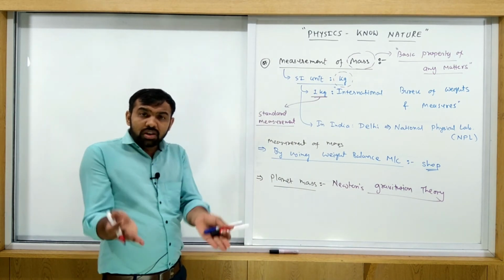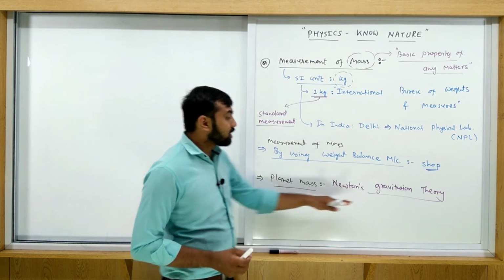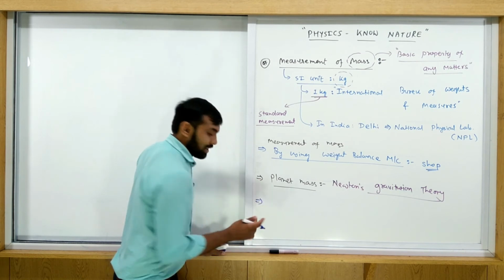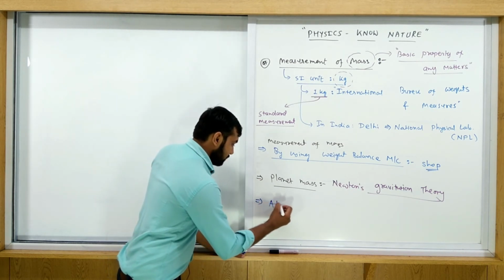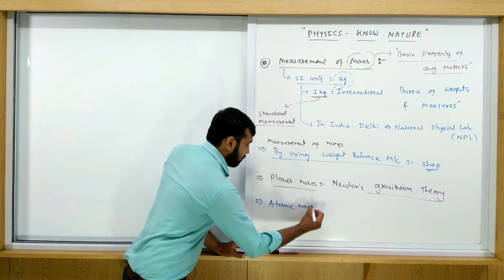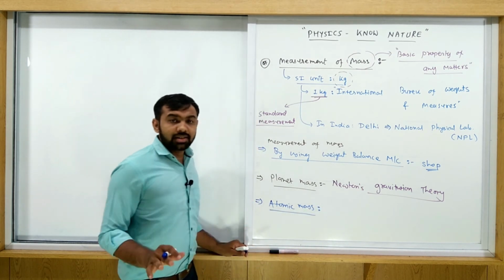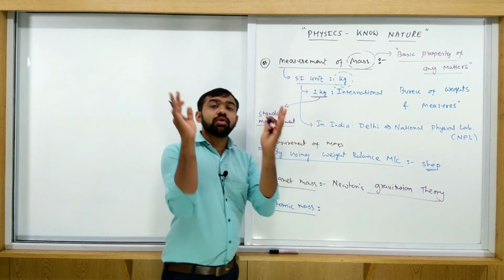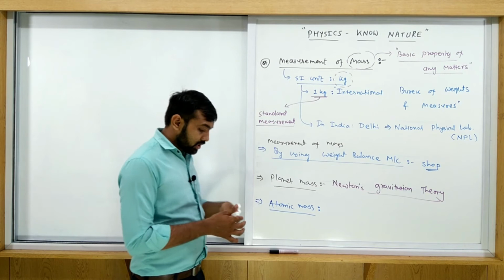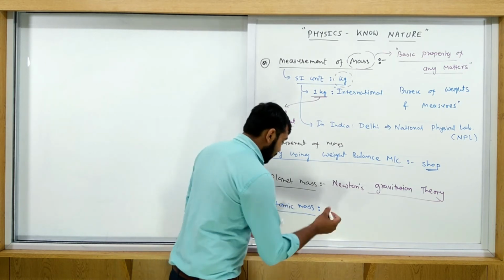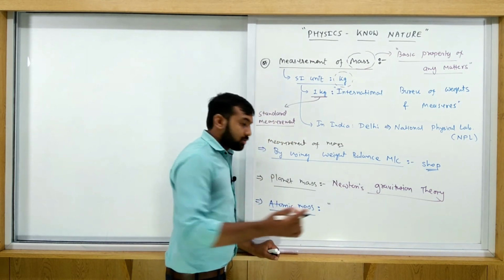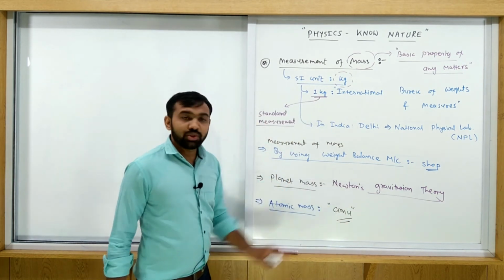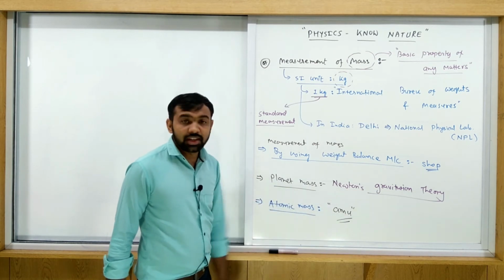That is for a very large mass. If you want to measure a very small mass like atomic mass, it is not measured in terms of kg, because for the atom this kg is a very large unit. So atomic mass is generally measured in terms of AMU, the atomic mass unit, and its symbol is small u.